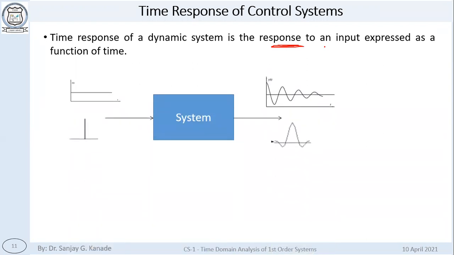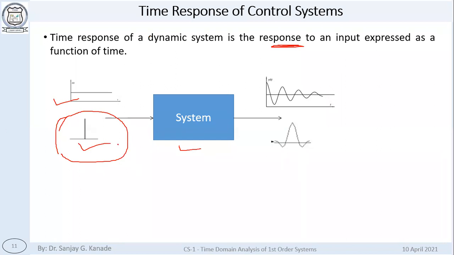So what we were talking about is this. This is a system, any kind of system. And when we are talking about time response or time domain analysis, we are going to apply certain test signals to this system. Can someone tell me what this signal is?